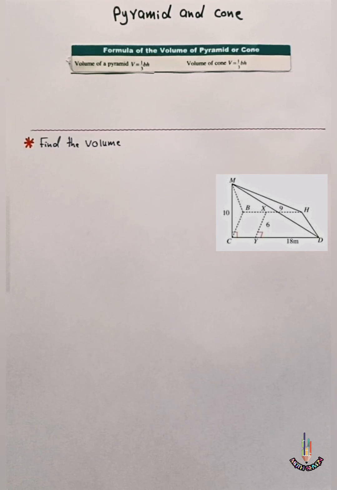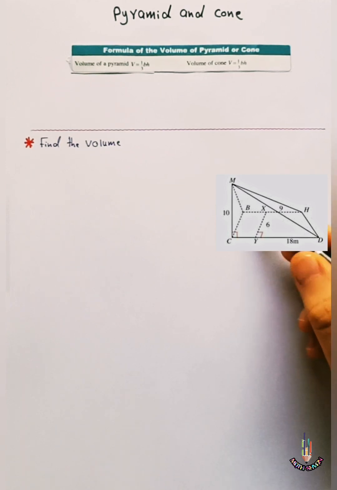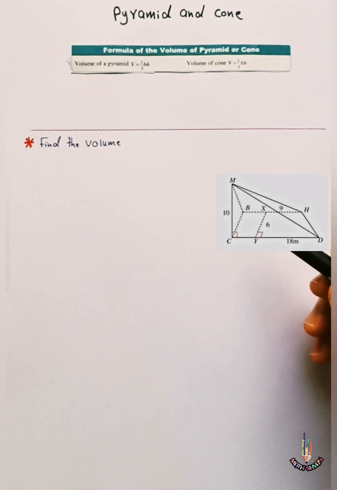In this example, we have to find the volume of the trapezoidal pyramid. This is the trapezoidal pyramid with MC equal to 10 centimeter and HB is 9 meter.